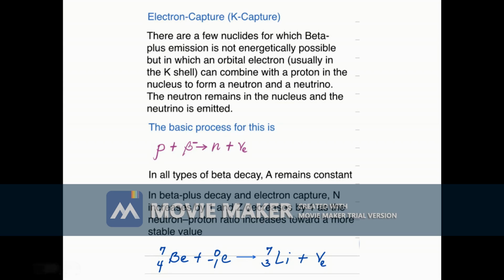Here is an example of electron capture where beryllium-7 is taken, and an electron is captured in order to get to lithium-7, which has the Z value decreased by 1 in comparison to beryllium. However, the mass is still the same. And one more time, a neutrino is emitted.